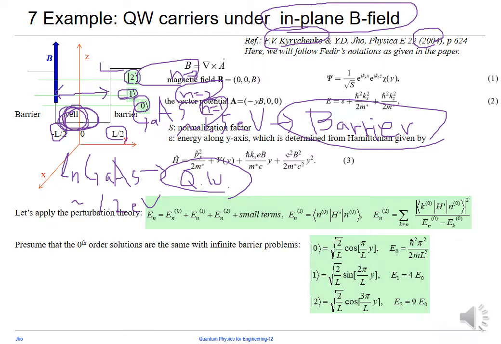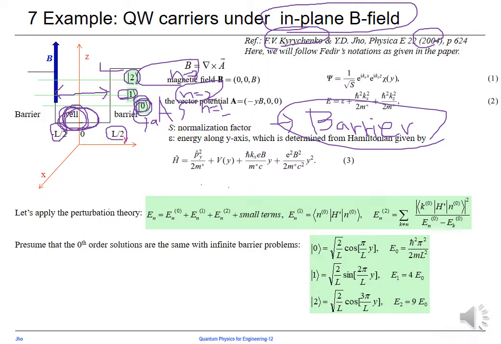Sometimes theorists prefer this representation because that's the way they indicate the ground state, and this ground state matches with our quantum number 1. Some theoretical papers use different representation.